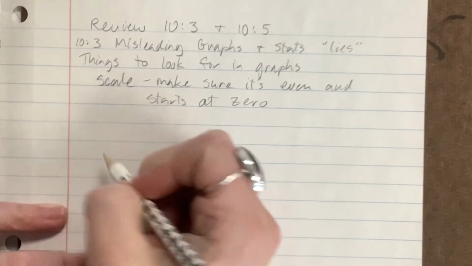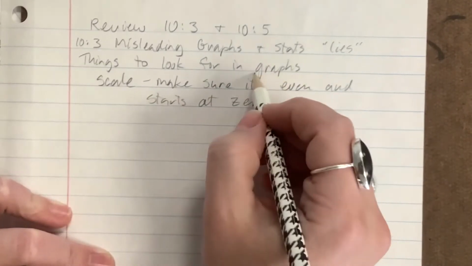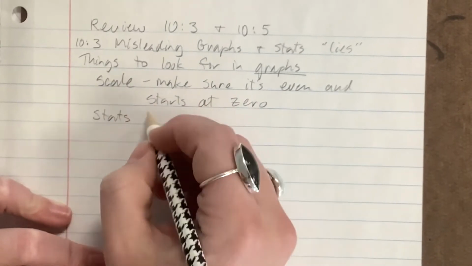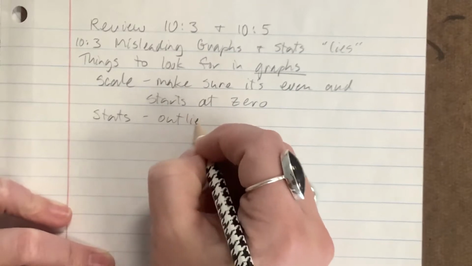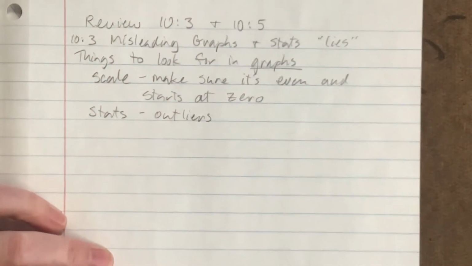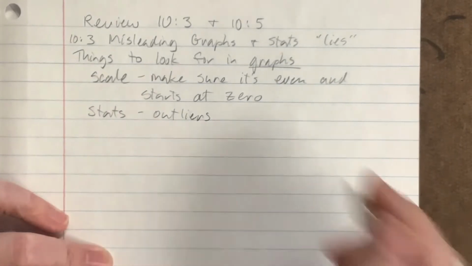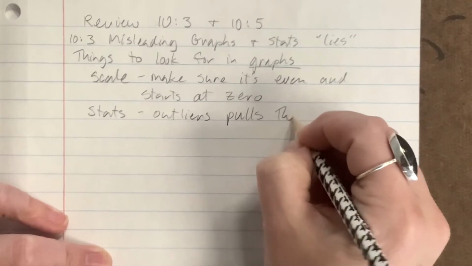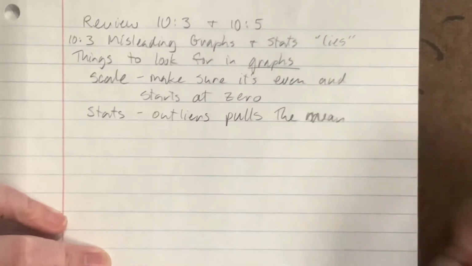Speaking of which, so this is for graphs. So for stats, the big thing to look for is outliers. Okay, looking at the outliers, if you have outliers, remember that pulls the mean. I swear that's supposed to say mean.